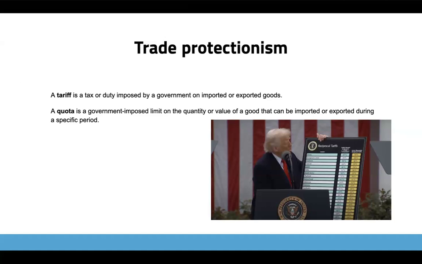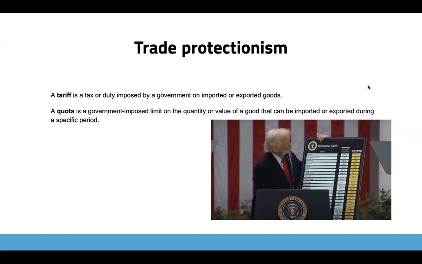And you can just imagine how high $4 trillion is. And just today, the day I'm recording this, the US stock market lost $2 trillion. So that's a lot of money. And that's a lot of very unhappy investors.